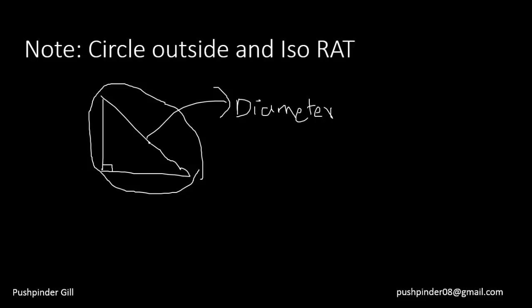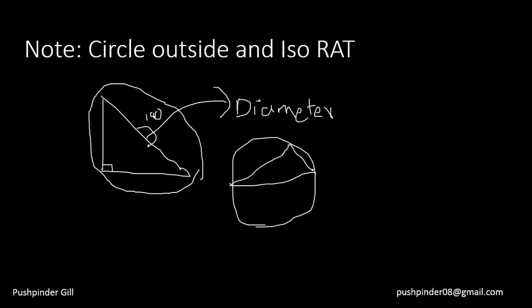Remember this property, that if this is theta by 2, so if this is 180 at the center, this will always be 90 degrees. So let's suppose this is a circle and this is the diameter. No matter what triangle you make here, that will always be a right angle triangle.